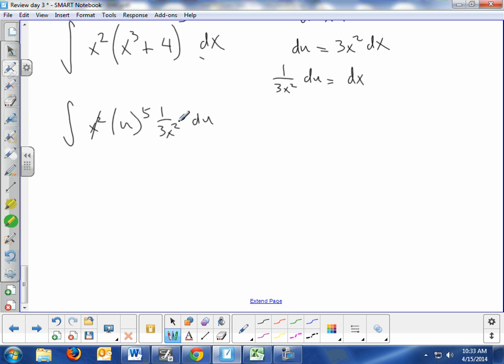And in this situation, that works because we have those x squareds that cancel. And now I have something that I can take the antiderivative of a lot easier. Just add 1, multiply by the reciprocal, and then plug u back in and simplify.